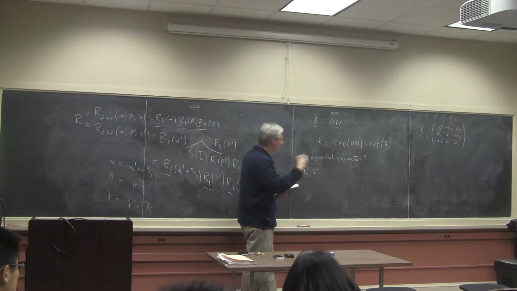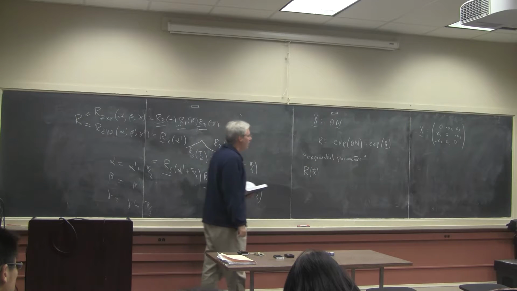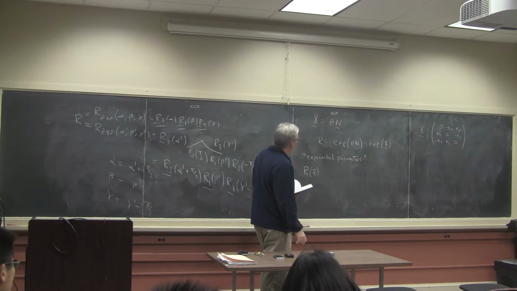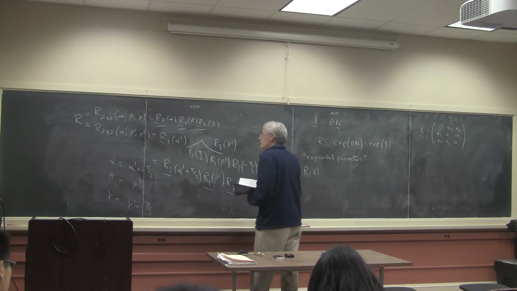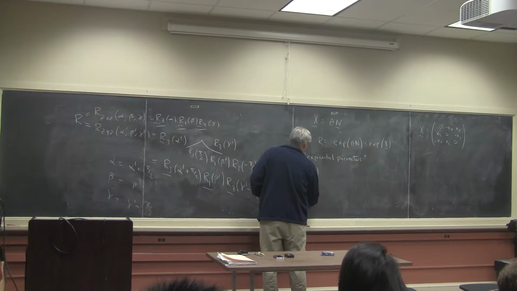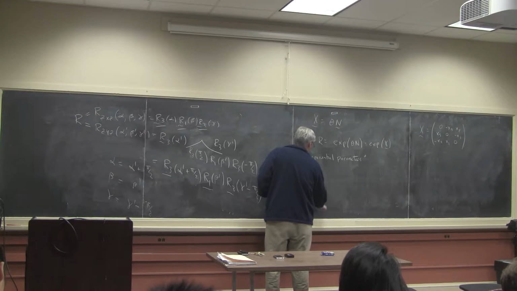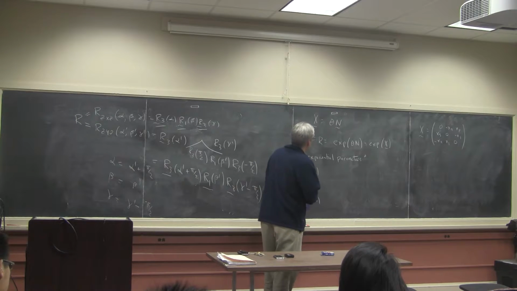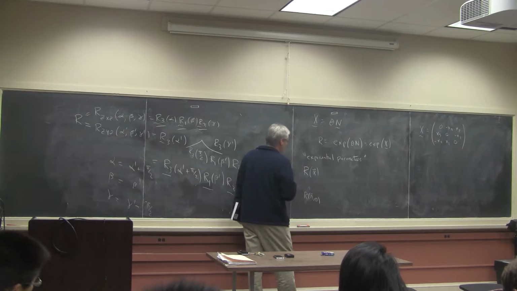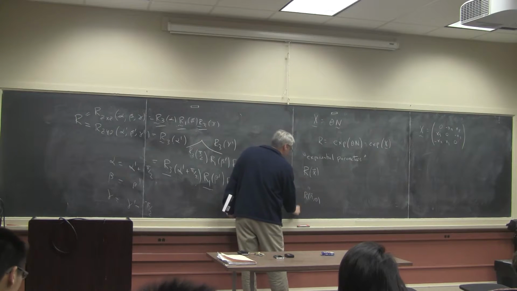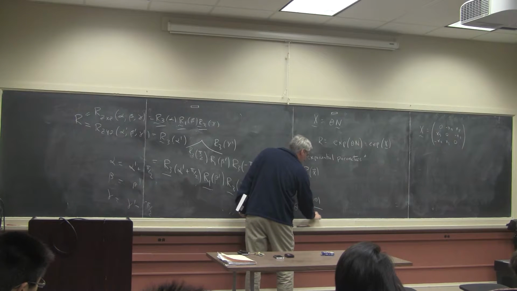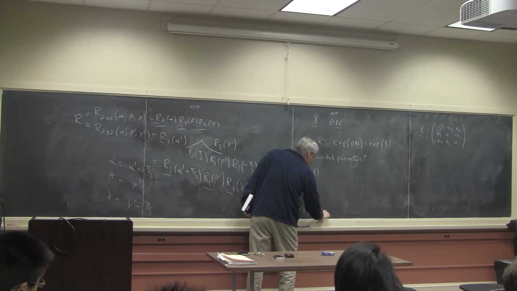This x is exponential parameters corresponding to little x1, little x2, little x3. And this is going to be related to R of theta n, R of n and theta. The only difference is that what is the relationship between n, theta, and x? Well, theta is the square root of x1 squared plus x2 squared plus x3 squared.